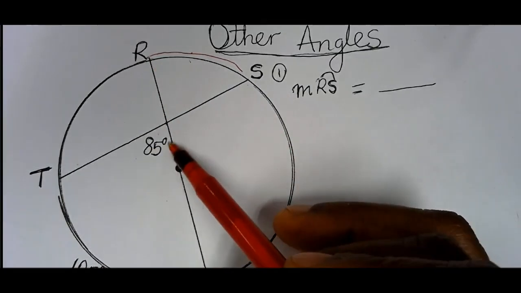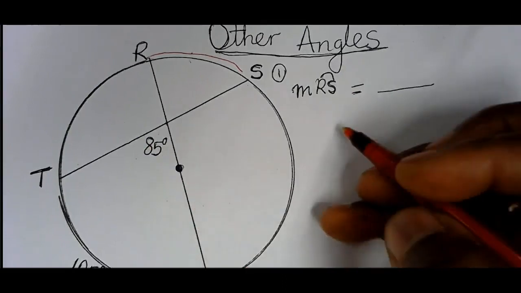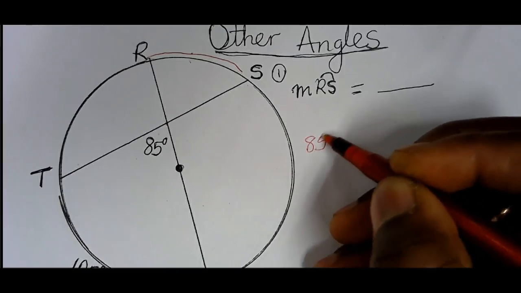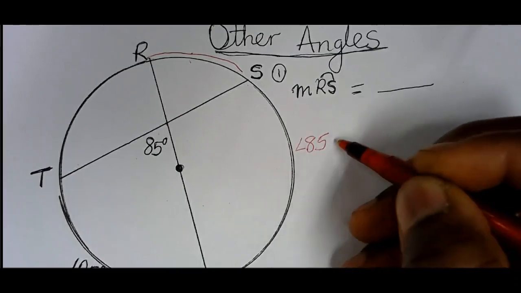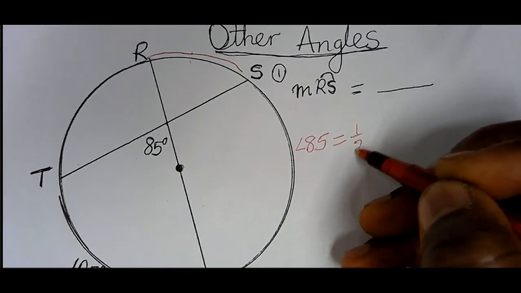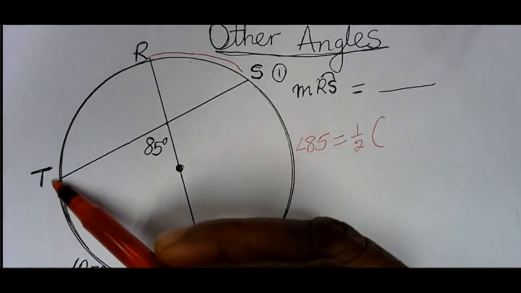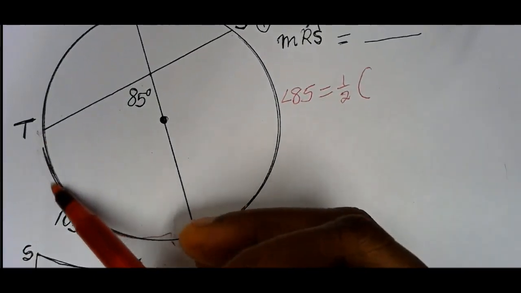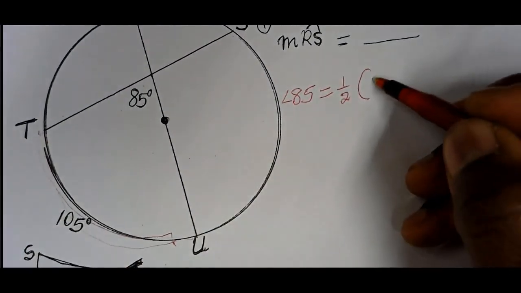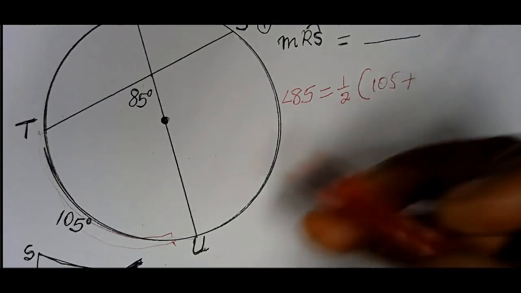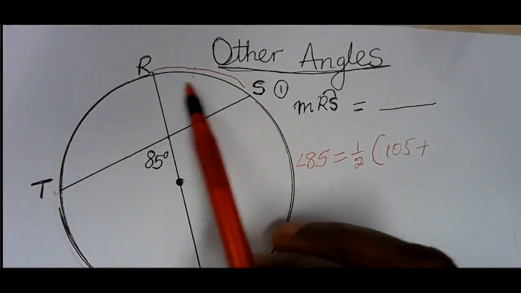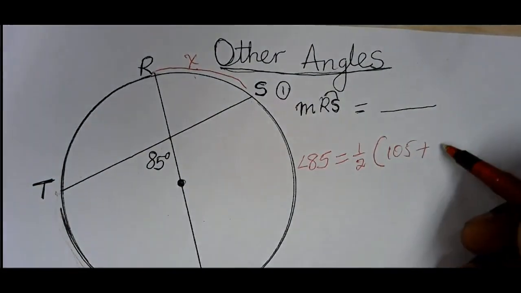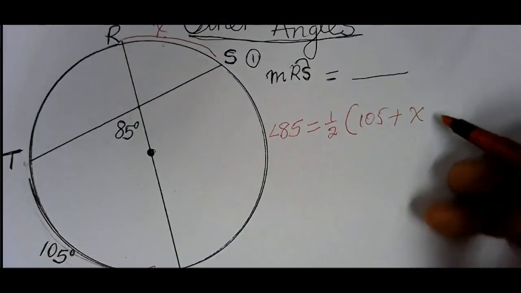And so this vertex here, the angle 85, is going to equal 1/2 the sum of arc TU, which is 105, plus arc RS. Let's label RS as x, so that we have only one variable to deal with. So plus x.